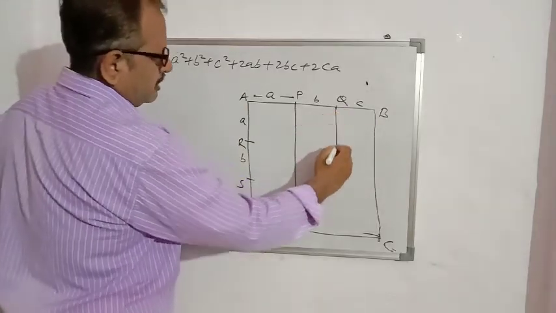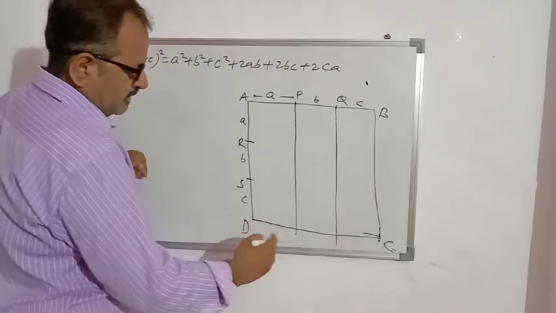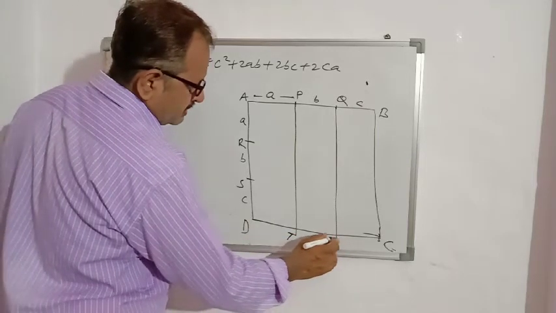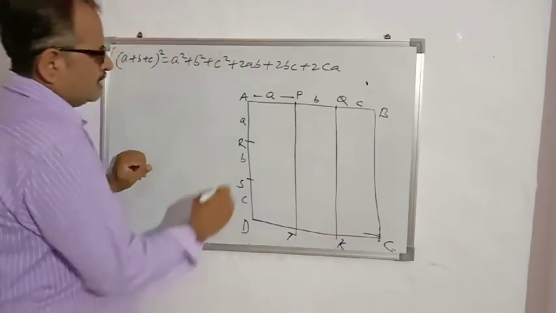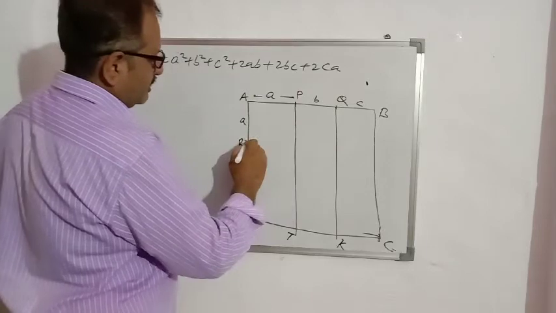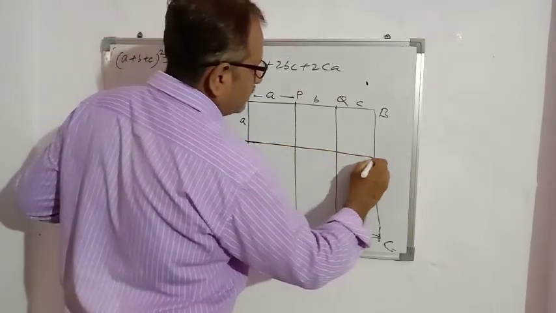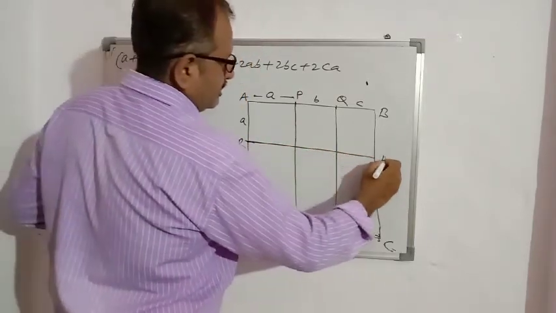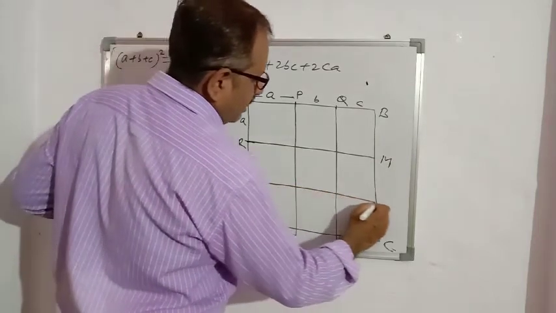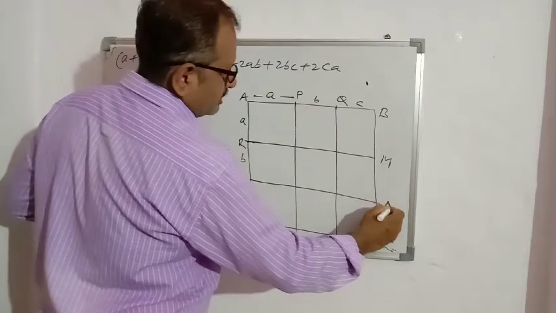From Q, draw a line parallel to AD. Suppose this point is T, this is K. Now from point R, draw a line parallel to AB. It is M. From the point S, draw a line parallel to AB. This point is M.